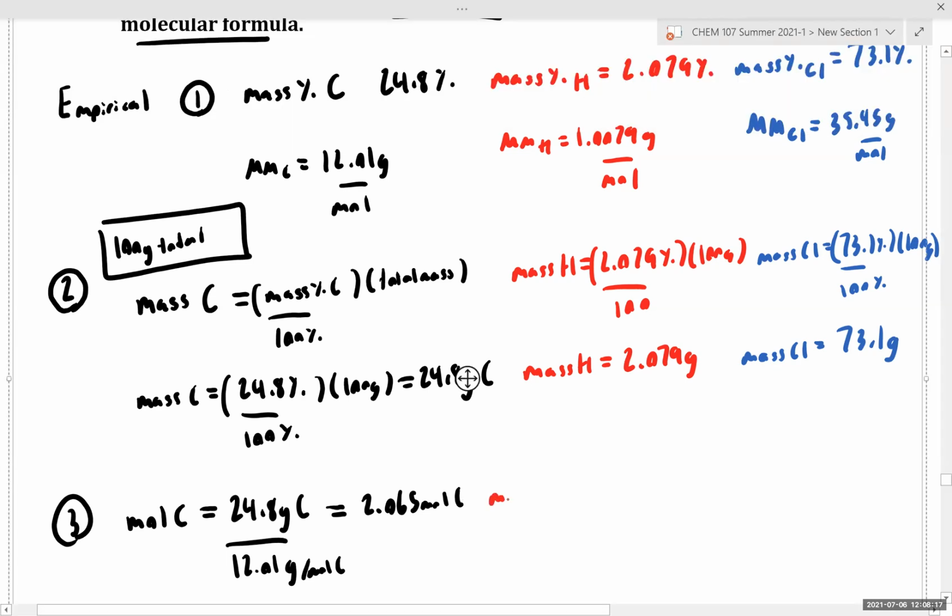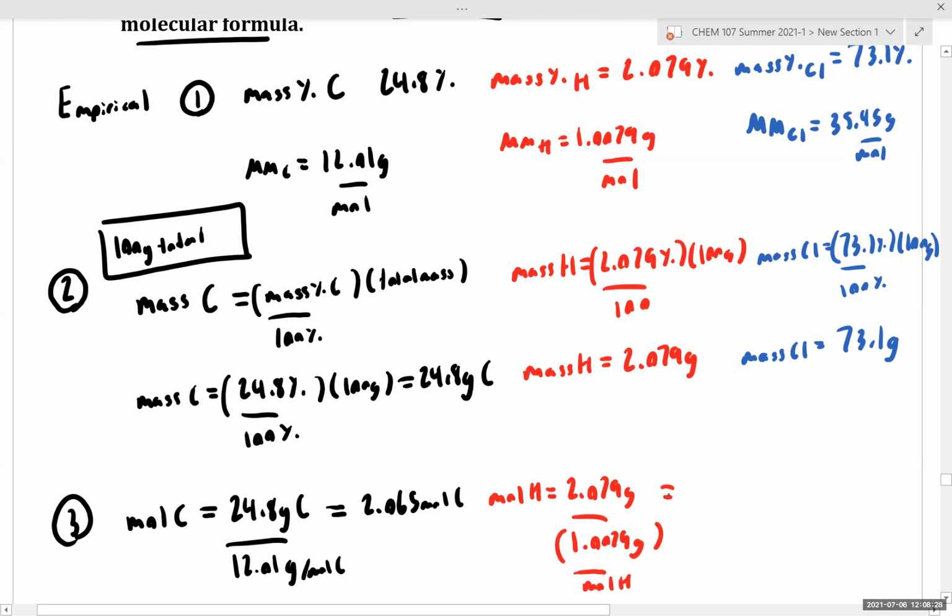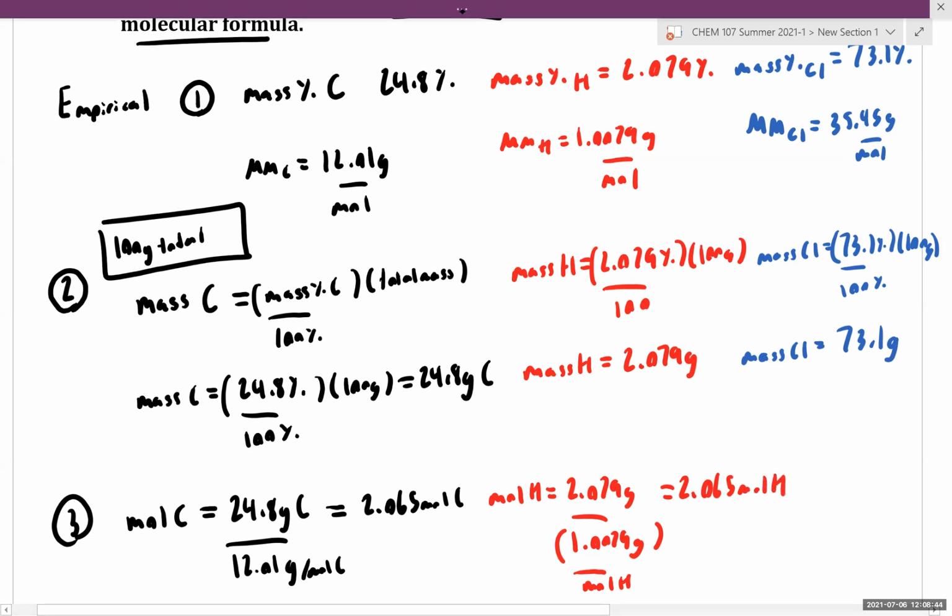Okay, we can repeat the same process for hydrogen. Punching this into our calculator, we get 2.065 moles of hydrogen.